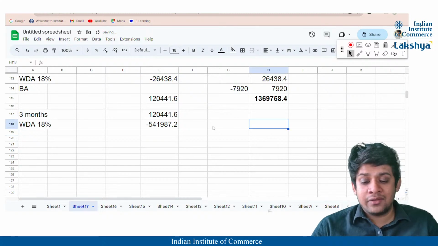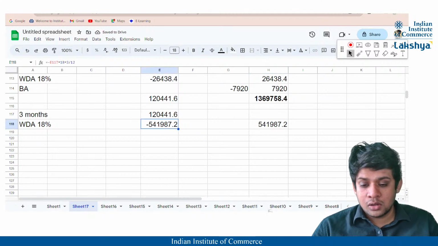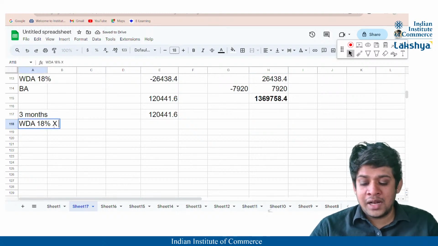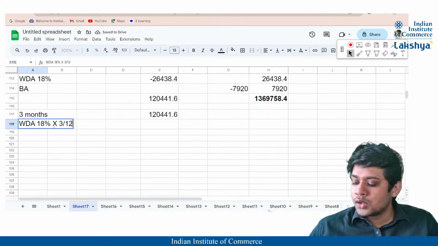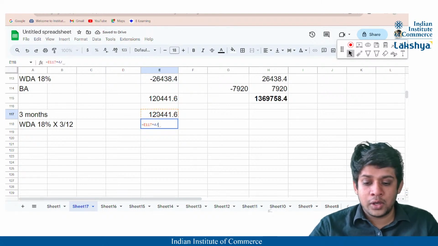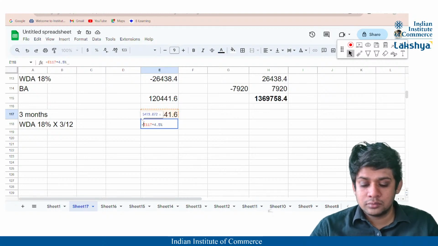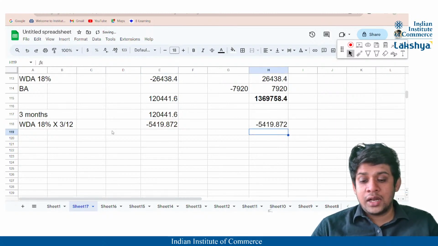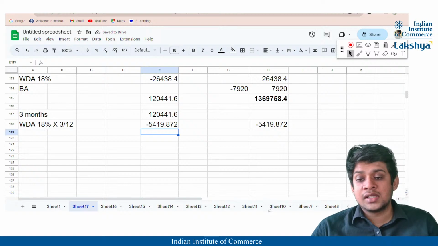I think the amount is calculated wrongly. Technically, my WDA will be 18% into 3 divided by 12. I will get a deduction only for 4.5%. So this is the only deduction that I will get, and eventually I'll have my balance for the second year also.